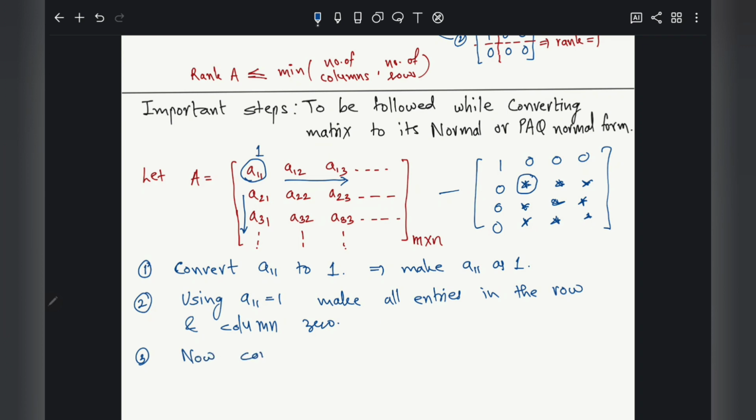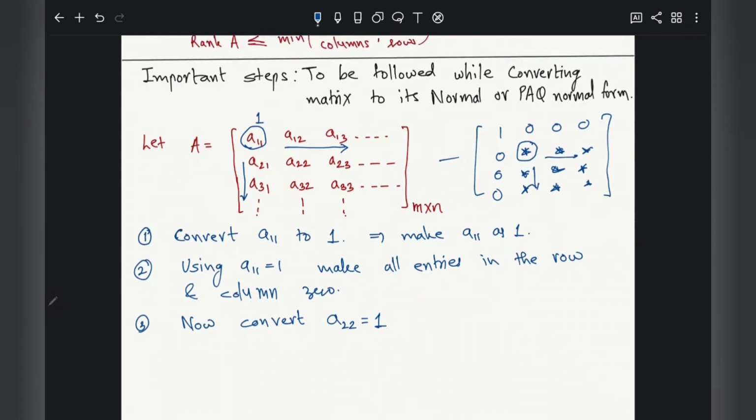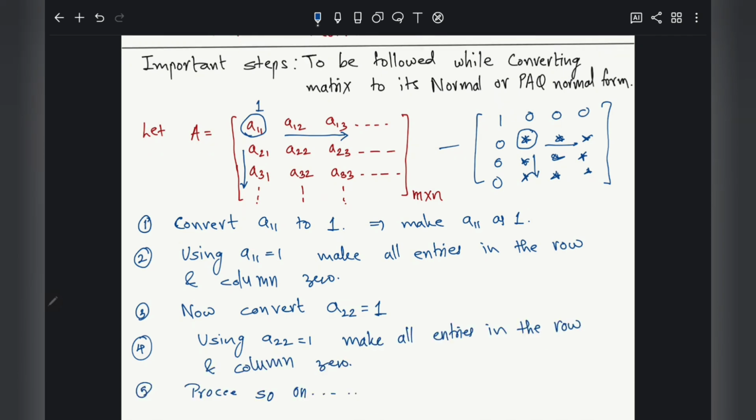Convert a22 to 1, and again using this one, make the entries in its row and column 0. So you have to follow the sequence: using a22 equal to 1, make all the entries in that row and column 0, and then proceed so on. So this is the sequence.